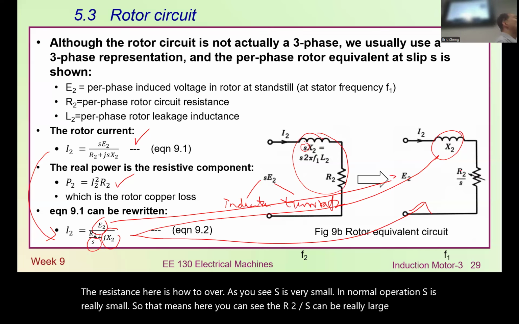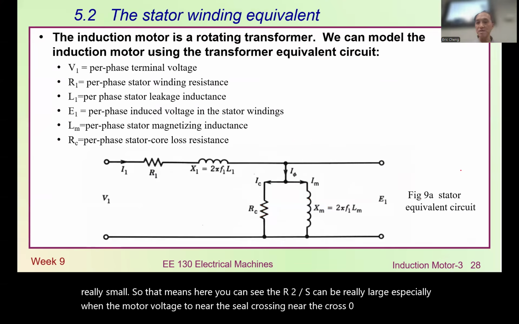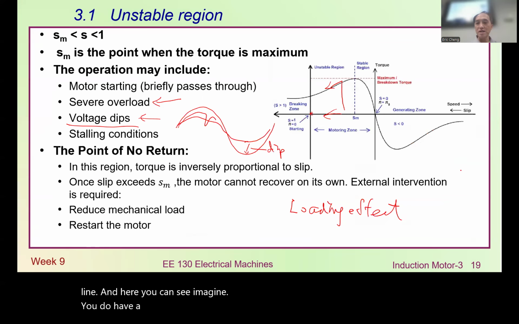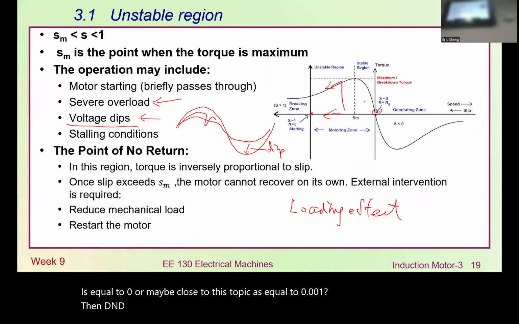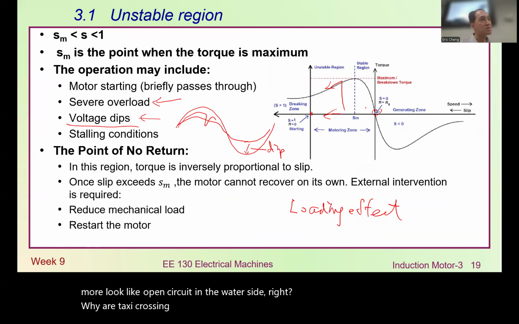especially when the motor rotates near the zero crossing. Near the zero crossing point, imagine you have a curve. Here S is equal to 0, or maybe close to this point, maybe S equals 0.001. By that point, we have no induction and no power output, just looking like an open circuit on one side, right? That's why at the zero crossing point S is really small.